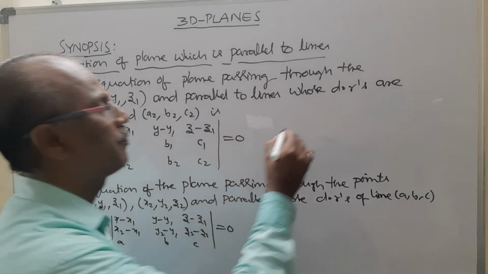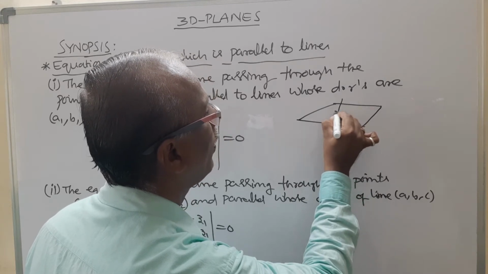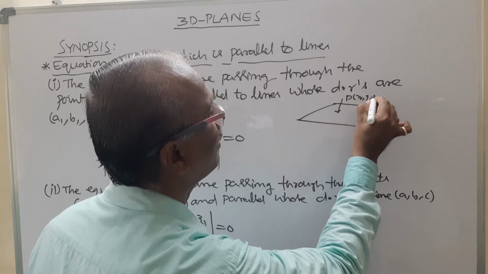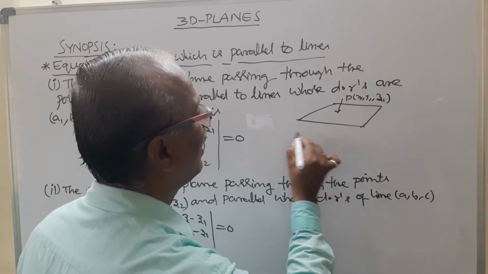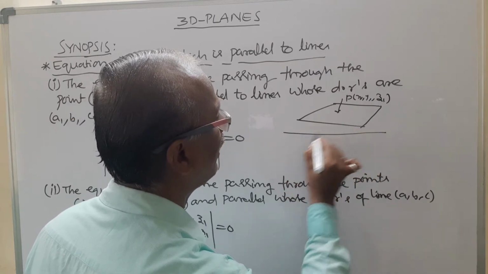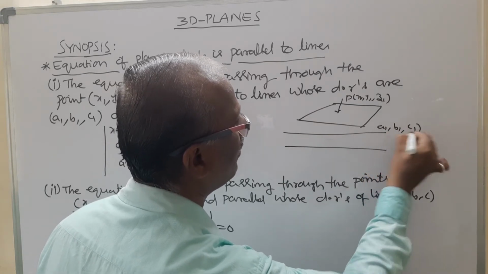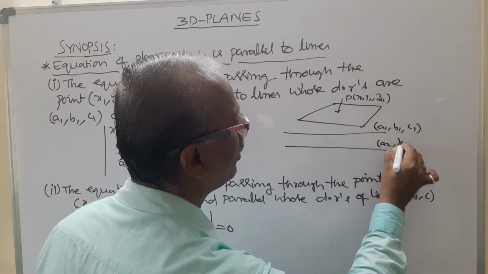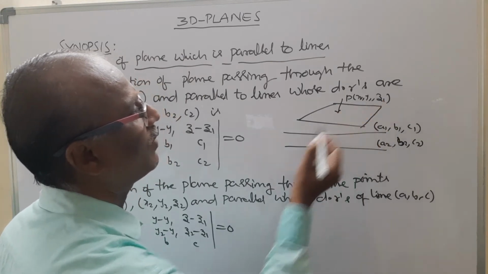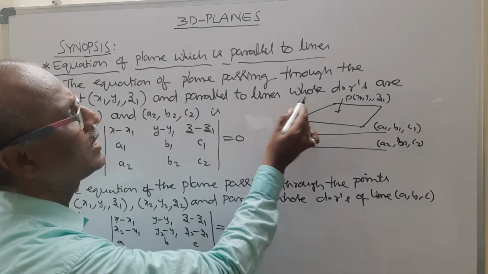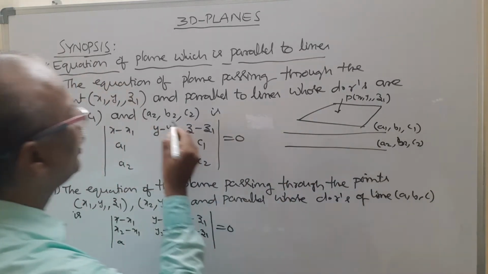The plane passes through P(x1, y1, z1) and is parallel to lines whose DRs are A1, B1, C1 and A2, B2, C2.